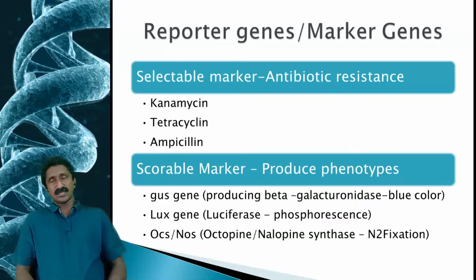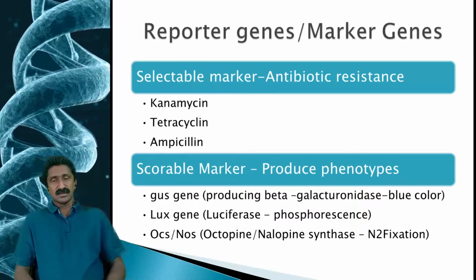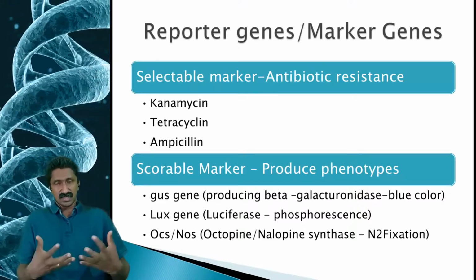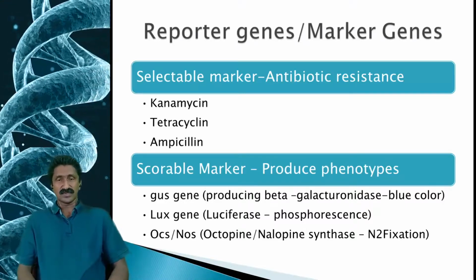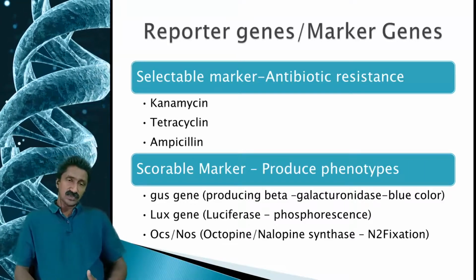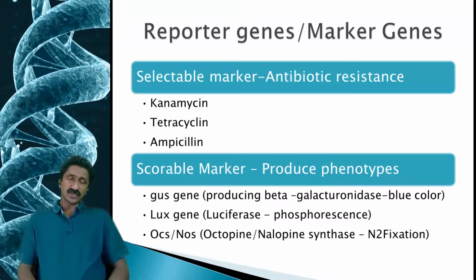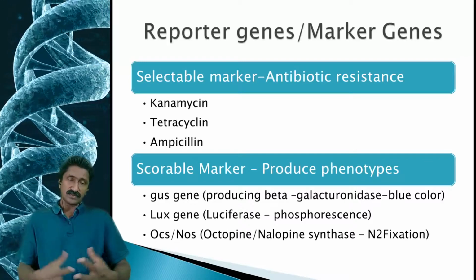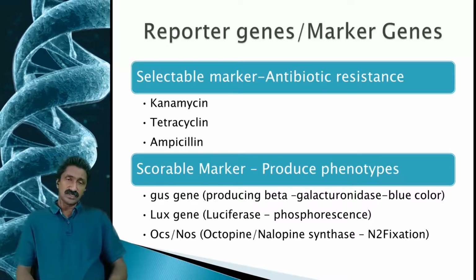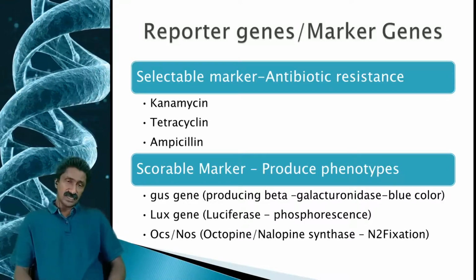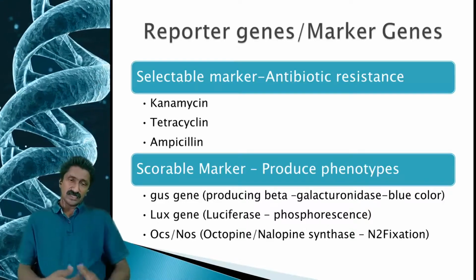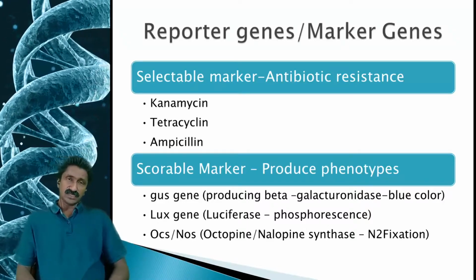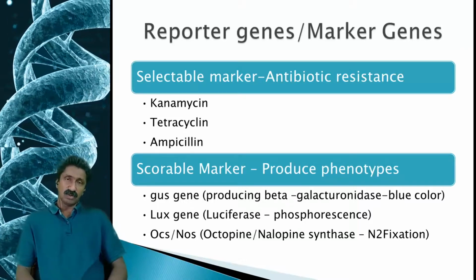And then another one is the Lux gene, which produces a luciferase enzyme, and based on that luciferase we have phosphorescence or light emission by the organism that carries this Lux gene. So that is another visible phenotype that is used as a scorable marker.